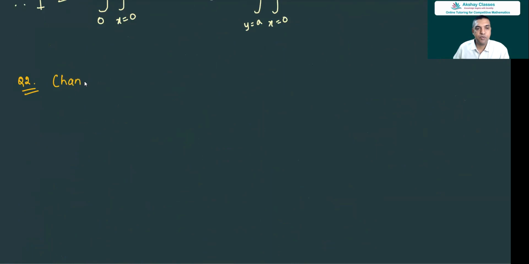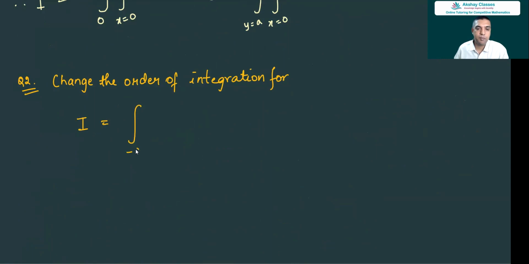Change the order of integration for this integral: integral minus a to a, integral 0 to root of a square minus y square, f of x comma y dx dy.